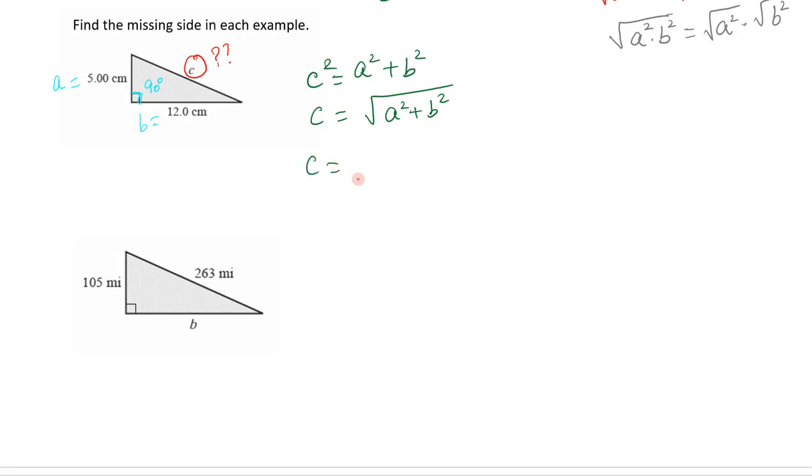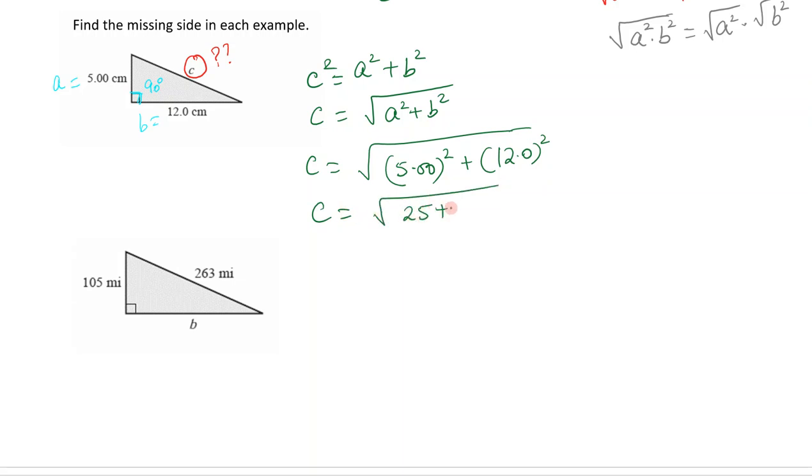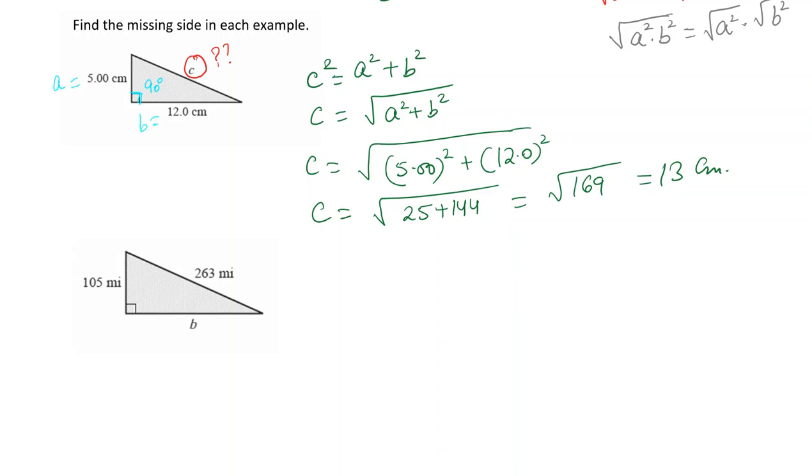So C is equal to the square root of 5 square plus 12 square. When you add 25 and 144, we get the square root of 169. You can use the calculator and you will figure out that you get 13 centimeters as your hypotenuse length. You can always use the calculator to find the square root.